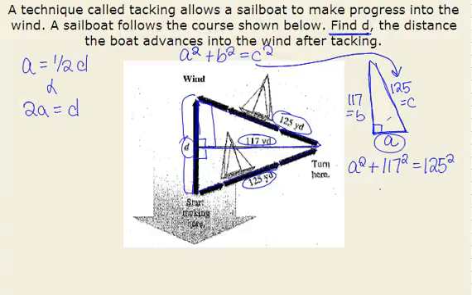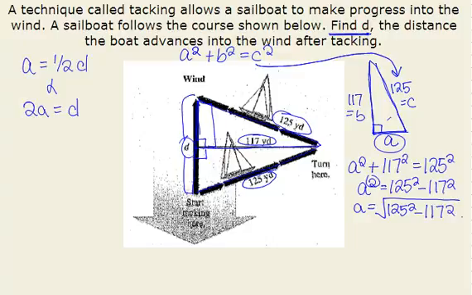Now I'm going to simplify this so that all we're doing is solving for just A. So we're going to subtract 117 squared from both sides, get A squared is equal to 125 squared minus 117 squared. Get rid of this squared sign here. A is ultimately equal to the square root of 125 squared minus 117 squared.